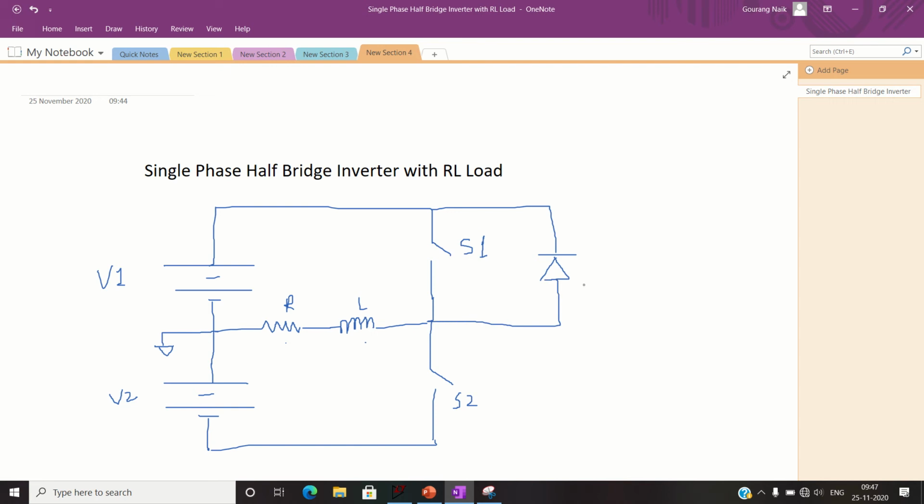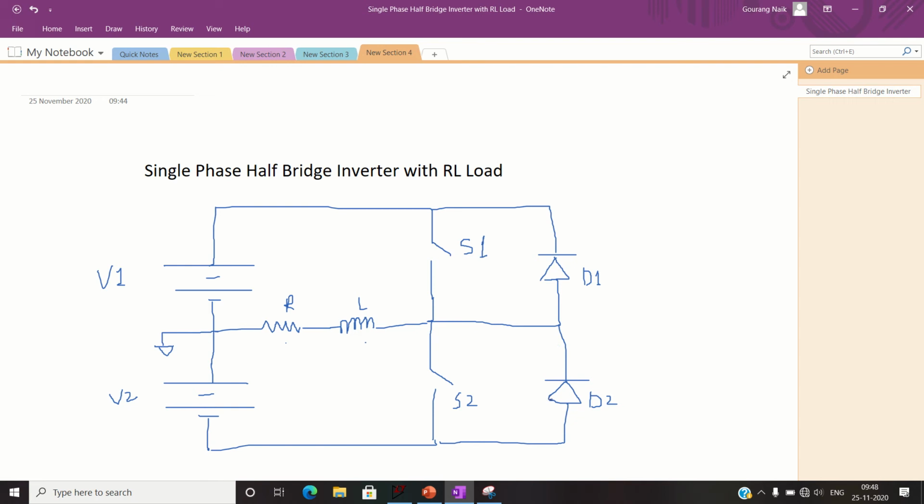So there is one diode D1, and one more diode here, D2. Okay, so this is the entire circuit for the RL load. You have two batteries, then R and L, two switches and two diodes.